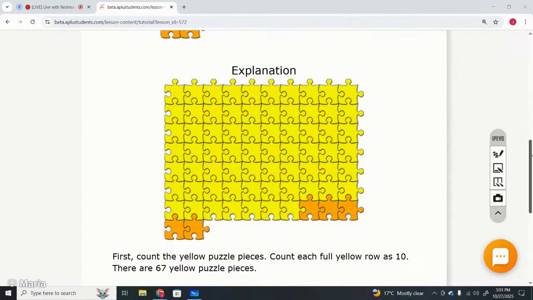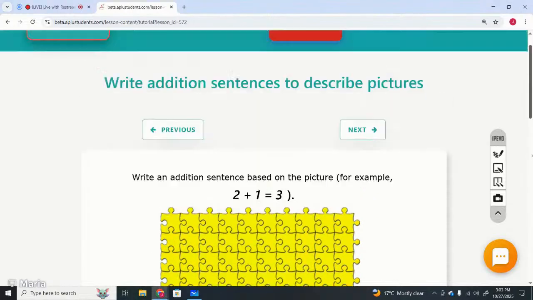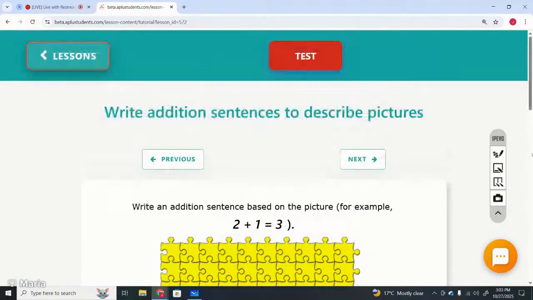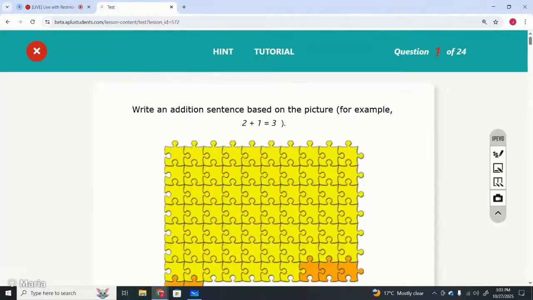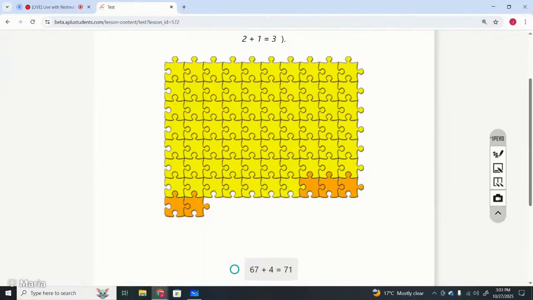Let's just start with the test questions. Write an addition sentence based on the picture.